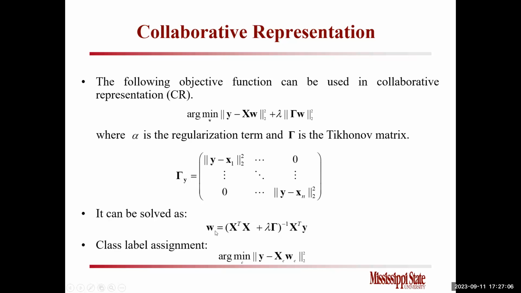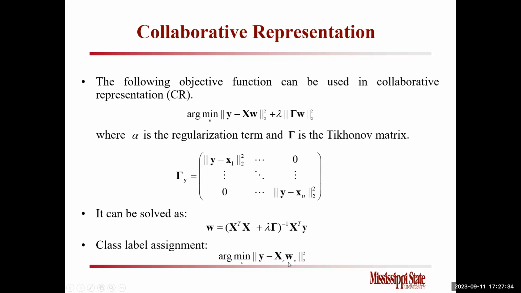Okay, after we compute this W, how do we make the decision? Let's say we have 10 classes, and for each class we have a training sample set. Then we grab the corresponding part of W to estimate the representation residual.